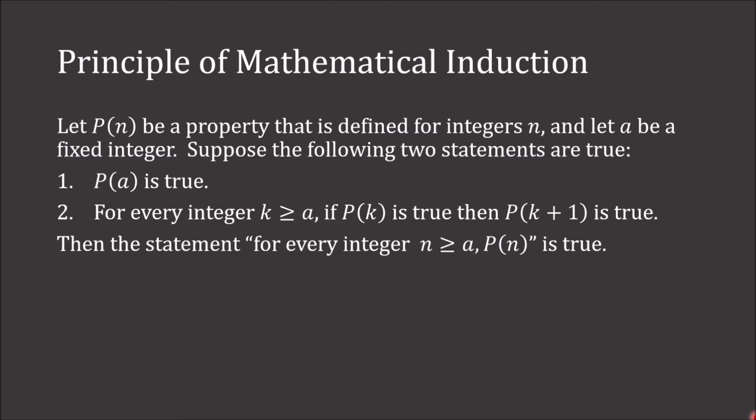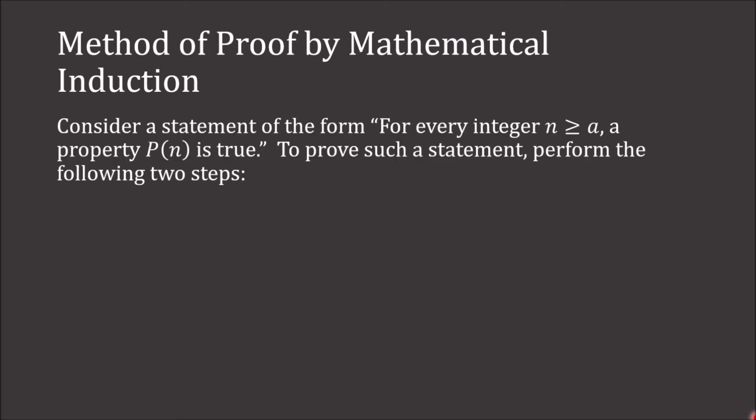So now the actual method of proof by mathematical induction. Consider a statement of the form for every integer n greater than or equal to a property P of n is true. To prove such a statement, we must perform the following two steps.